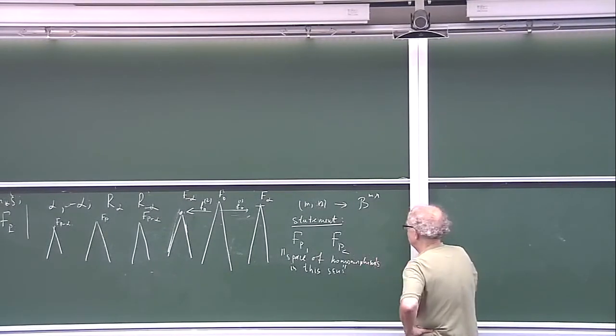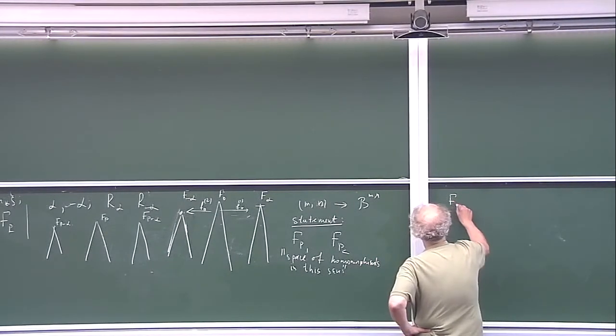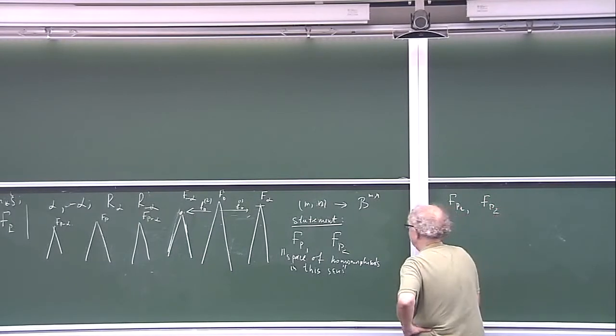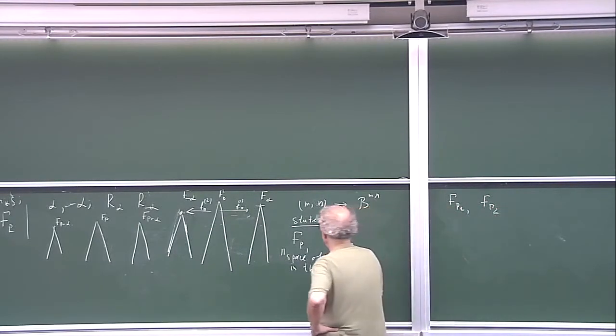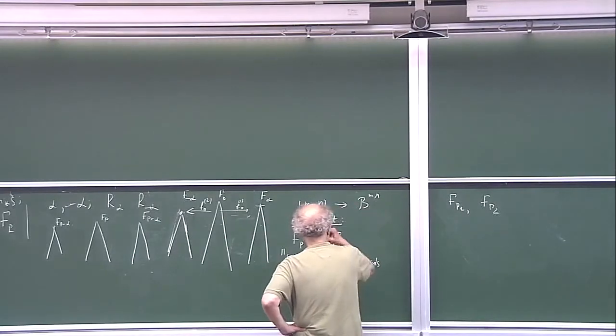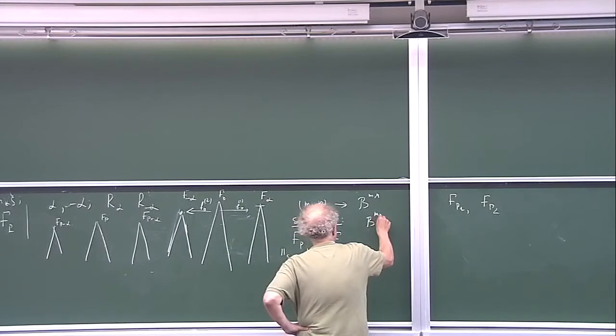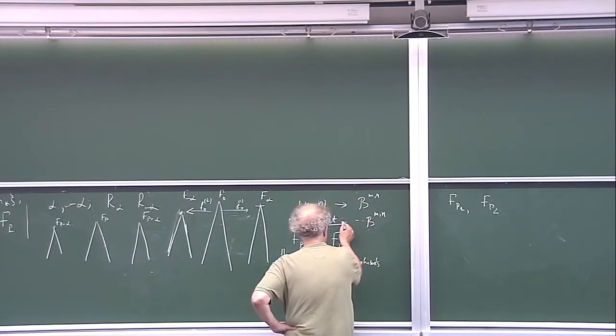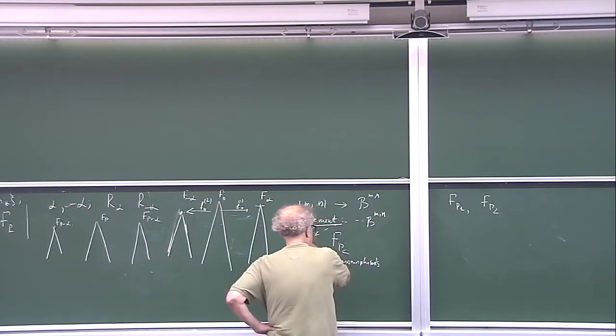So suppose we have Fp1 and Fp2. And suppose in my language it is Bmn, which is defined similarly, and just a homomorphism here.